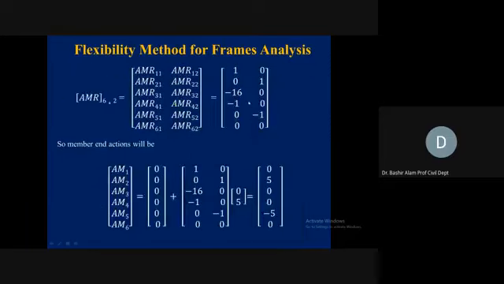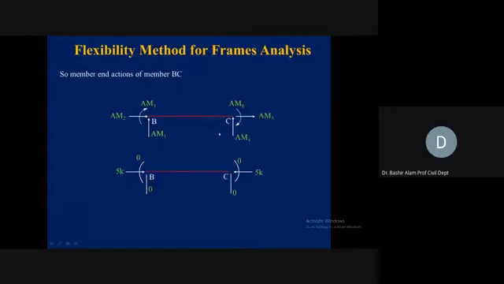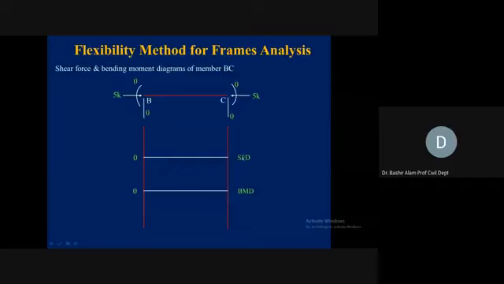Now we don't have any member force. So now we are in a position to draw the shear force and bending moment diagram. Only axial forces, you can see the shears are 0, the bending moments are 0. So just a straight line 0, 0, it is showing the shear force diagram and 0 for the bending moment also. Then we superimpose them, and this is now the completely analyzed structure.